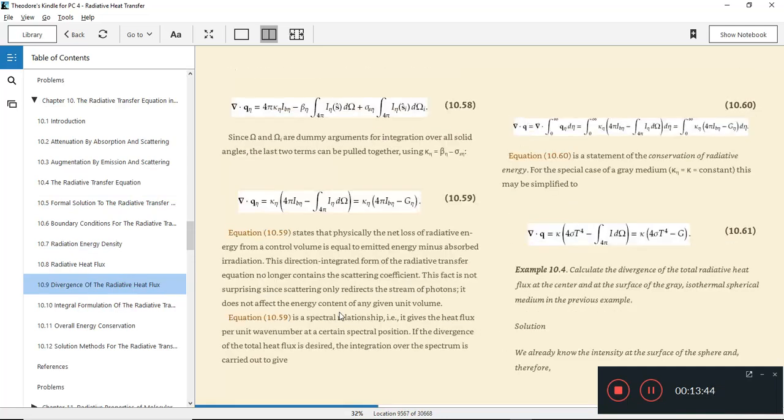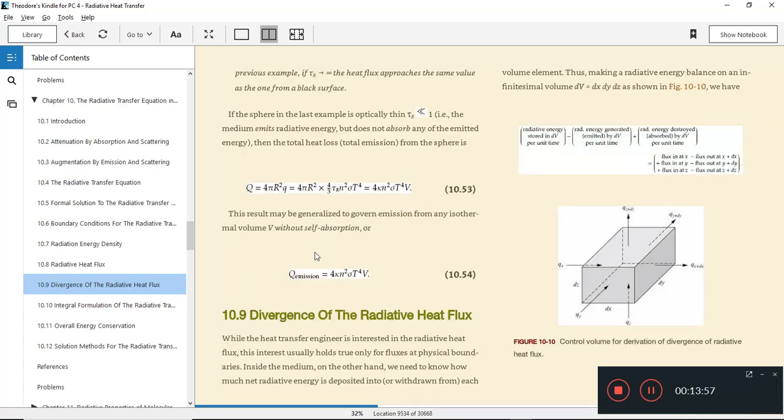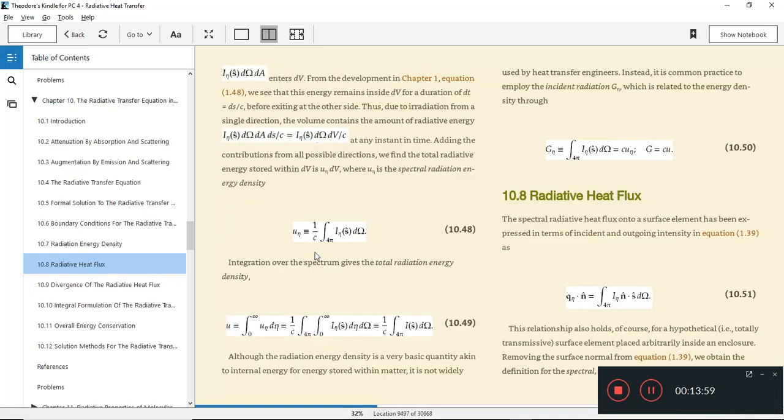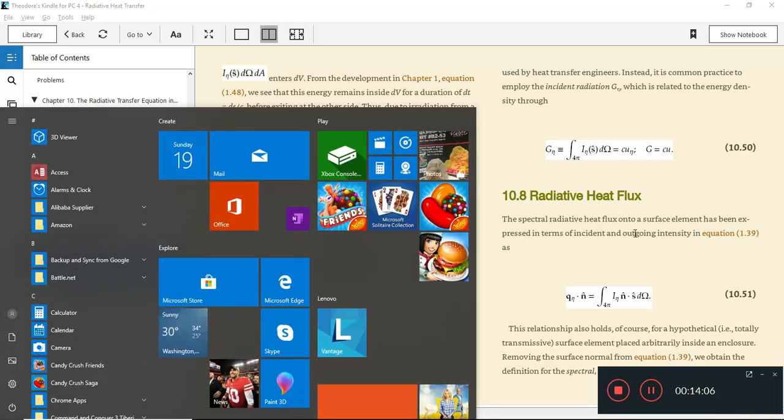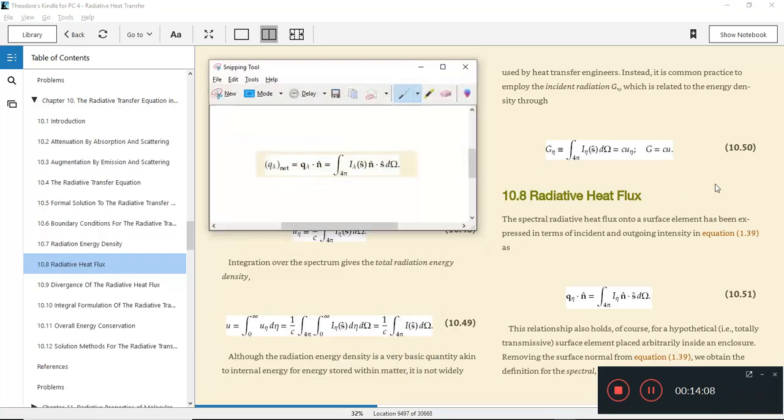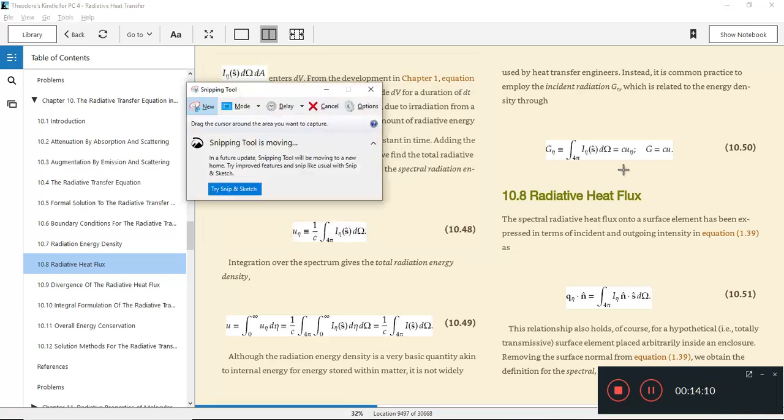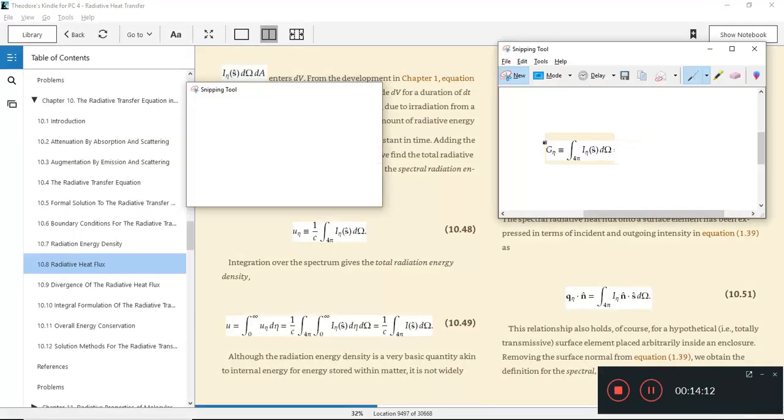So let's see whether they have it here. Yeah, 7.59. Okay, never mind. Yes, here we go. You can see G is this value here.